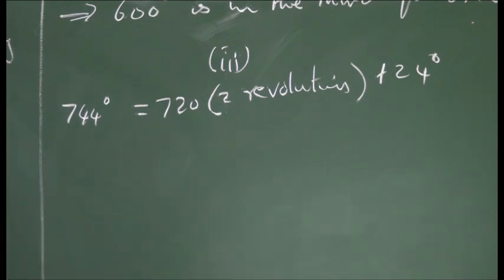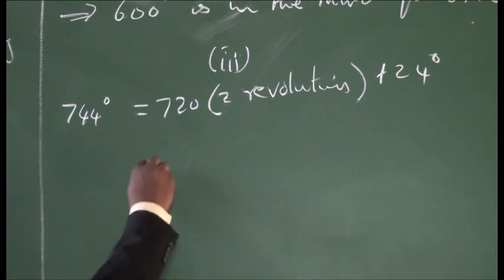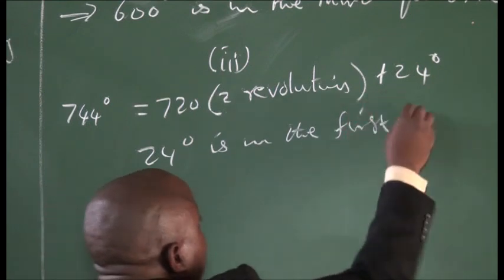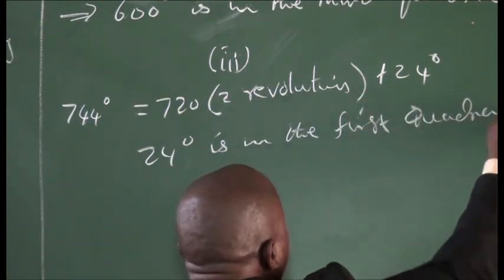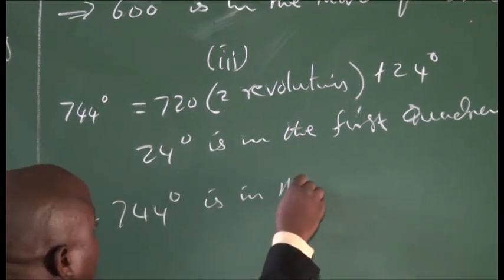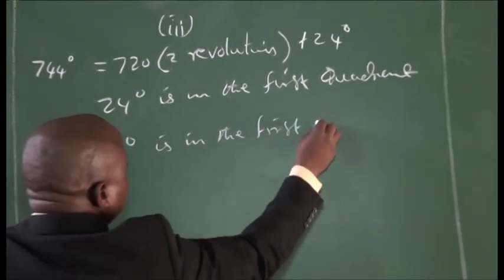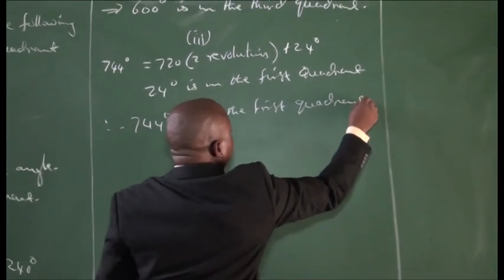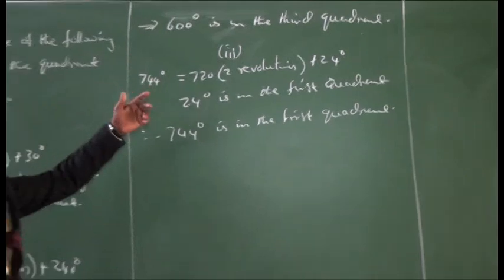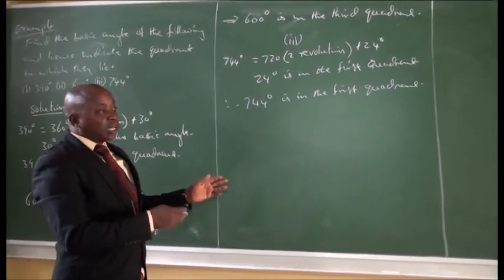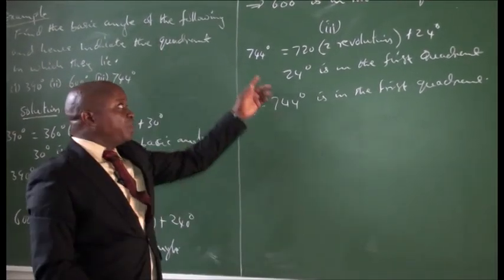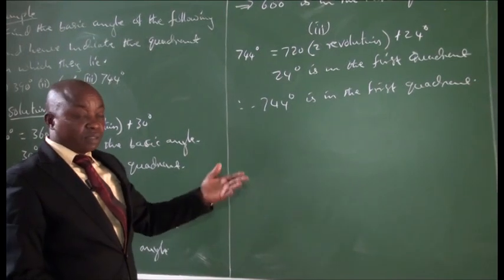Now 24 degrees falls in the first quadrant. Therefore, 744 degrees is in the first quadrant. So that is how it is measured. If it is even more than this, you just look at the revolutions and count them out. Then the remaining one is called the basic angle. Whichever quadrant that one falls in is where the given angle also falls.